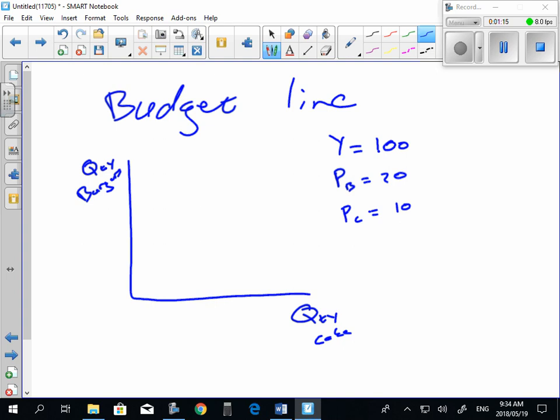To calculate your budget line, you need to divide your income by the prices of those two products. For burgers, it is 100 Rand divided by 20, which gives me an answer of 5. If I spend all my income on only burgers, I can buy 5 burgers with my 100 Rand. So that's the first point that you plot on your axis, 5.